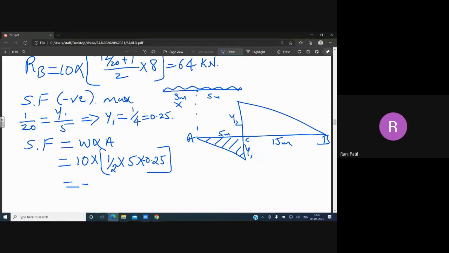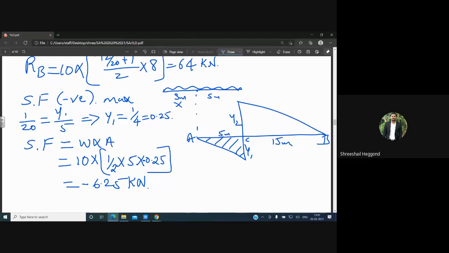Minus 6.25. Minus 6.25. What about others? Minus 6.2. Everybody is getting the same answer. 6.25 kilonewton. That is in the negative direction.